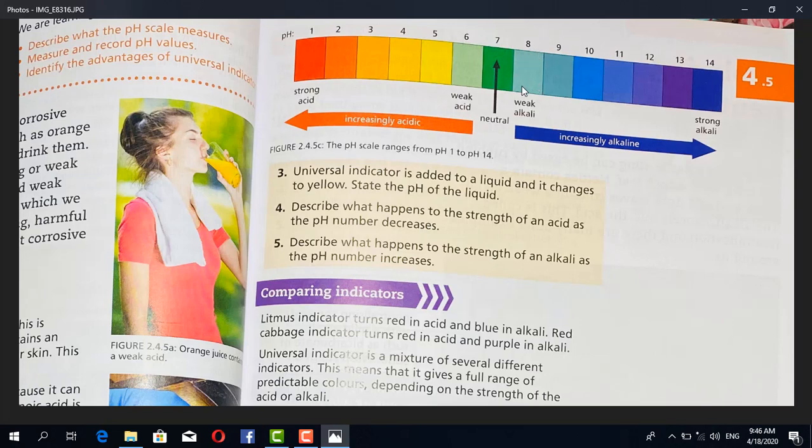The weak alkali starts around 8, 9, 10, but from 11 to 14 it's a strong alkali. So this is the purpose of the universal indicator: to give me a pH scale ranging from 1 to 14, and the 7 or 6.5 is the neutral state.